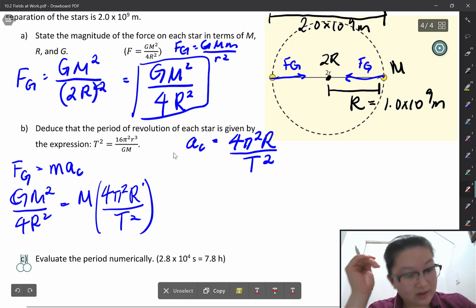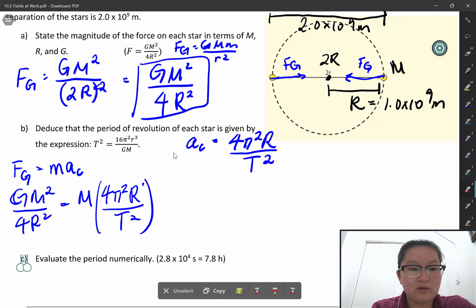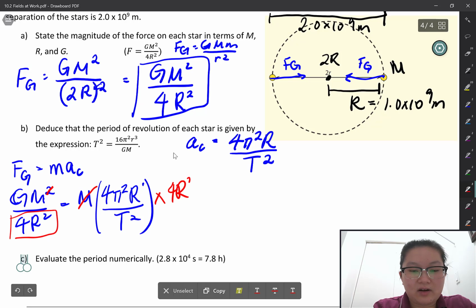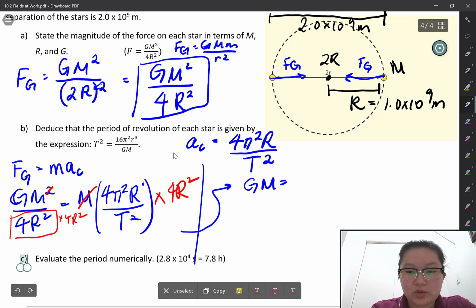Here is where a few things could cancel out, so one of the masses can cancel out, but all of these down here would need to get multiplied to the other side. So let's multiply by 4R squared, which gets rid of this. And this is going to give us GM equals 4 pi squared R over T squared, in brackets 4R squared.